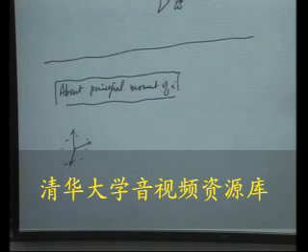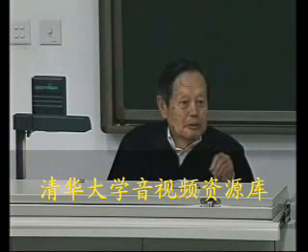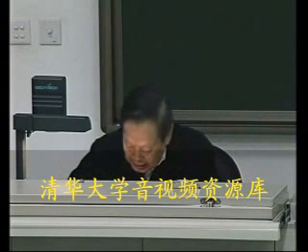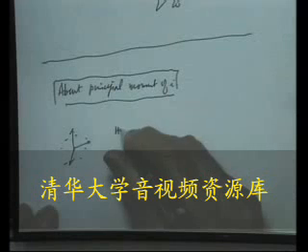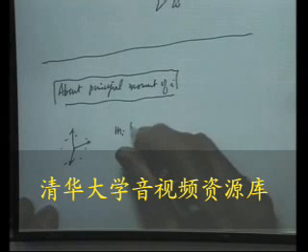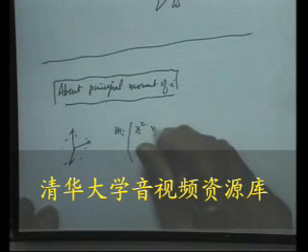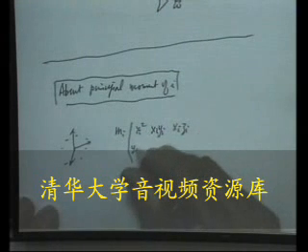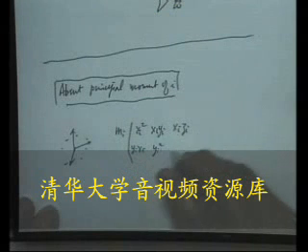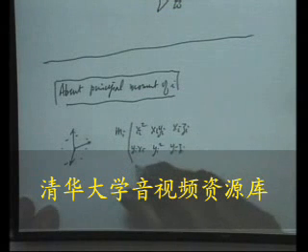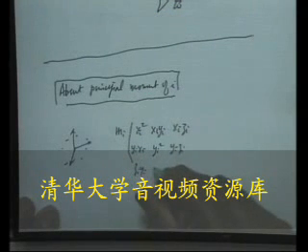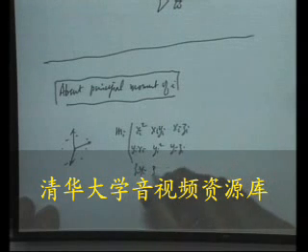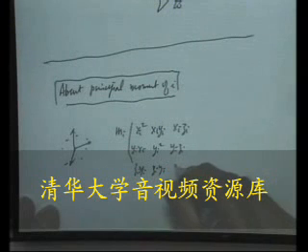Each particle contributes something to the moment of inertia. We are now talking about this in the center of mass system. So the contribution is, we have written this as m_i times the matrix x_i squared, x_i y_i, x_i z_i; y_i x_i, y_i squared, y_i z_i; z_i x_i, z_i y_i, z_i squared.